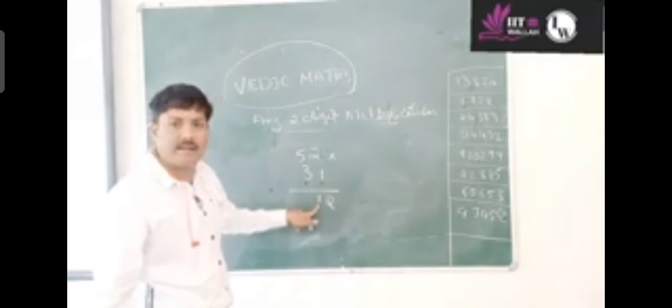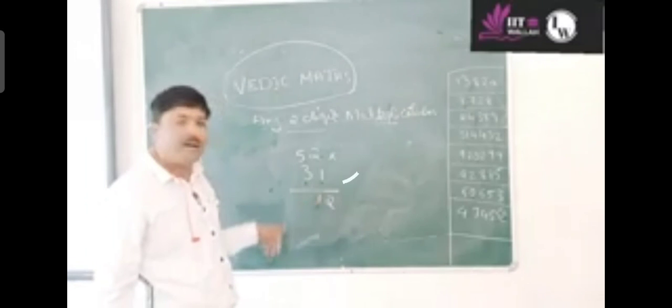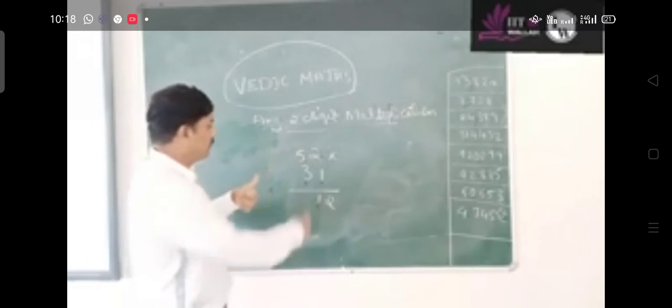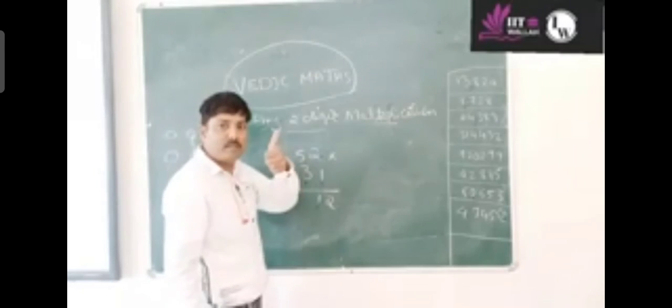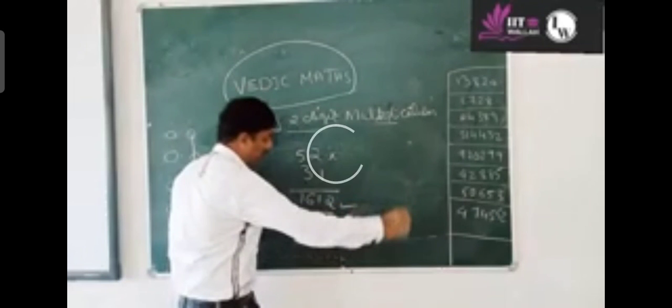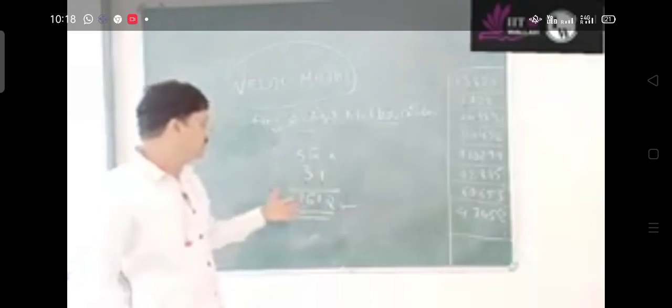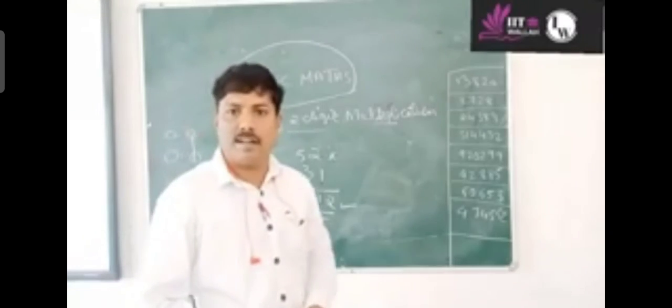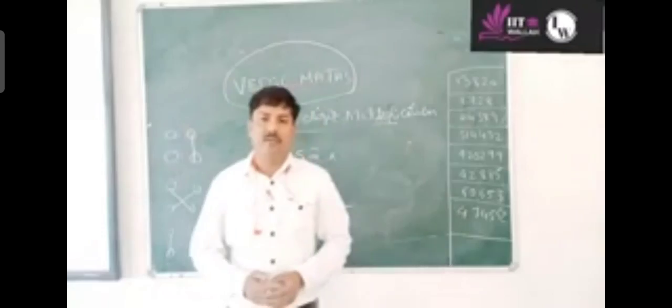Only one will be written here and one would be carried. And 5 threes are 15 plus 1, 16. 1612. Understood clearly?